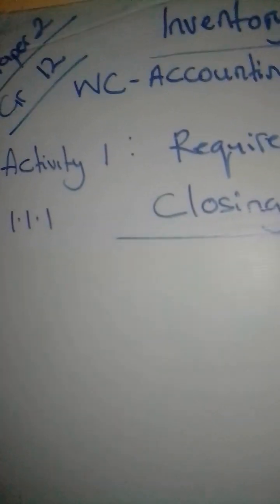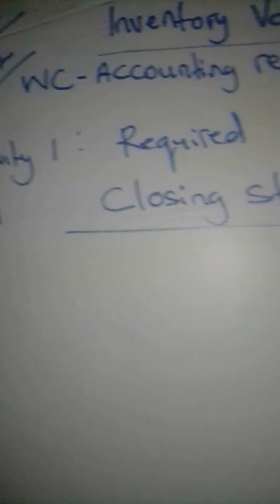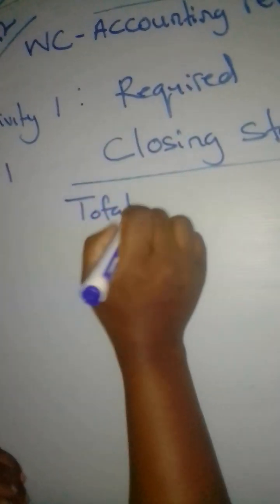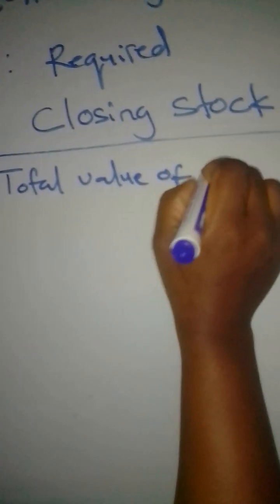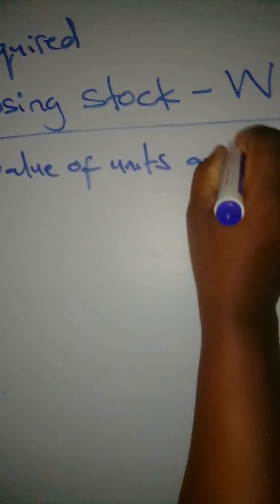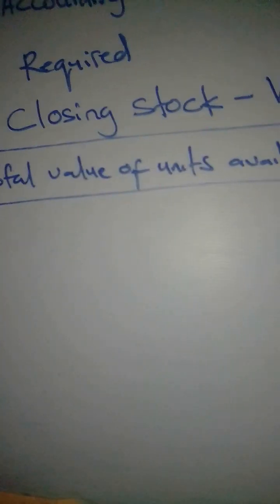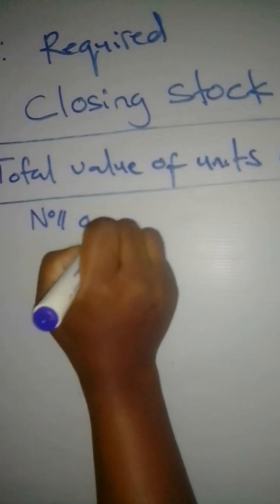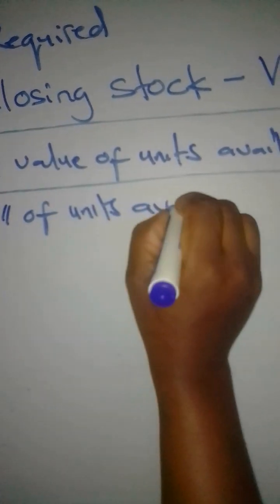All right, let's start our calculations. I can start by giving you a formula that you can always use. When you are using the weighted average method, we need to look at the total value of units available, divided by the total number of units available.